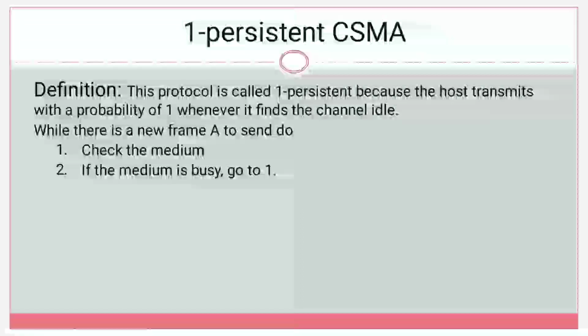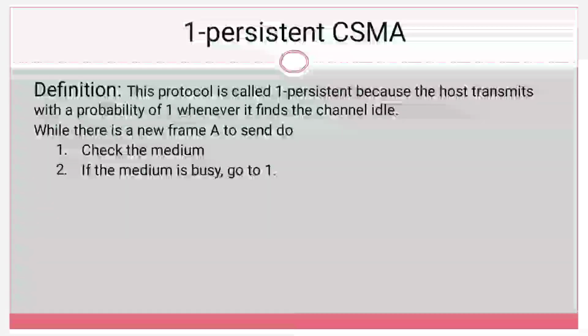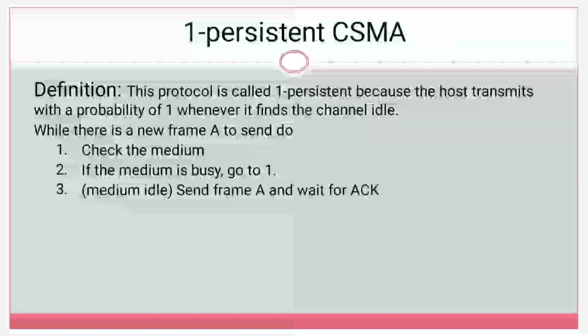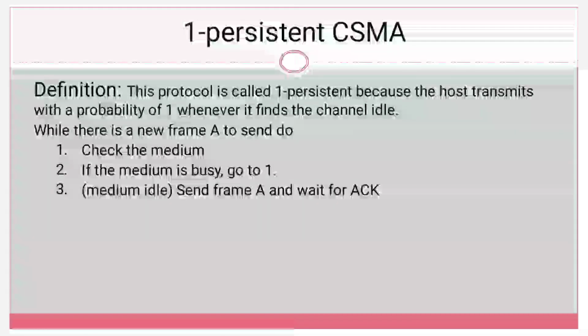What is that first step? Check the medium again. So if the channel is busy, simply go back to step 1. What is step 1? Check the medium. Until the channel is idle, we need to continuously check the medium, whether it is busy or idle. If the medium is idle, then what will we do?